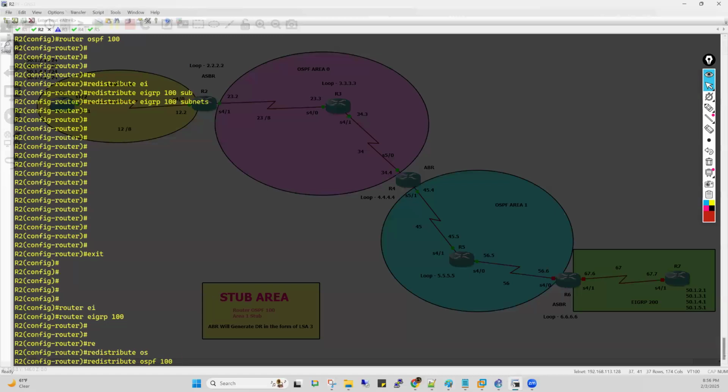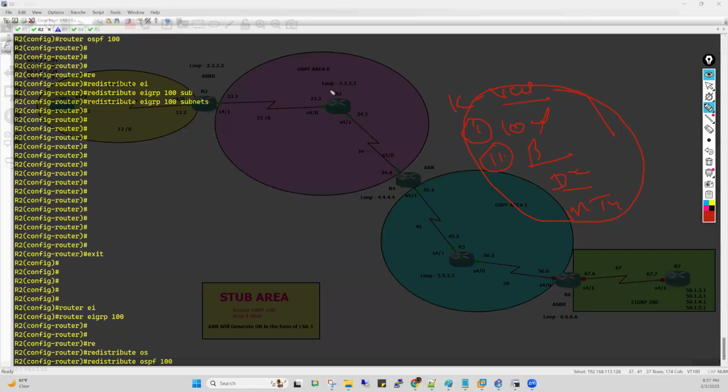When you are redistributing OSPF into EIGRP, EIGRP is using K values for metric calculation. What are K values, guys? K values mean EIGRP uses load, bandwidth, delay, MTU. There are multiple criteria EIGRP uses to calculate the metric.